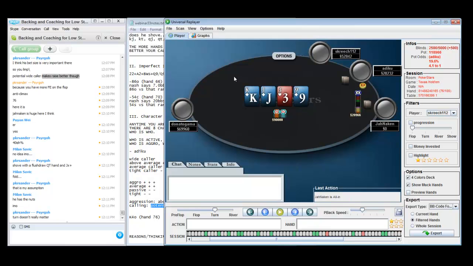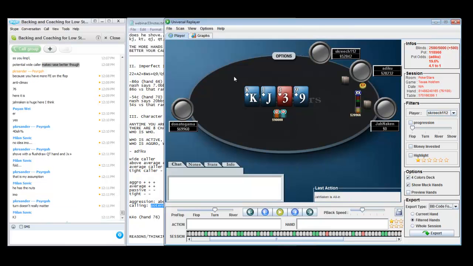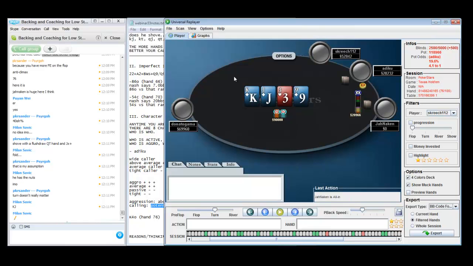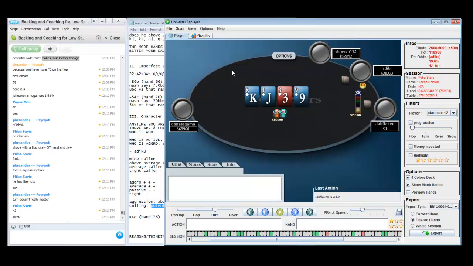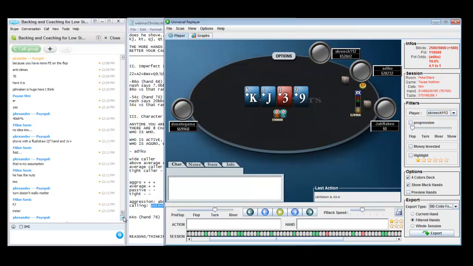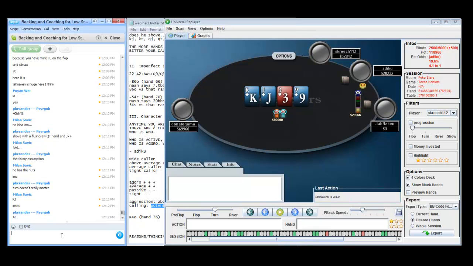I want you to guess what he has. Come on, everybody. We get an Ace-Jack. Come on, throw something out there. So remember, he raised the button. He c-bet, called the raise, and now he's going to call the turn all in.